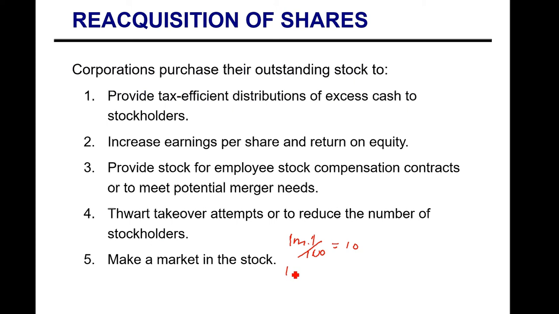But if I have $1 million profit and I only have 10 shares, then that's going to give me a $100 figure, and really 100K is what it would be. So as a result, the return on equity becomes substantially higher as a result of that. Okay, so we increase our earnings per share.